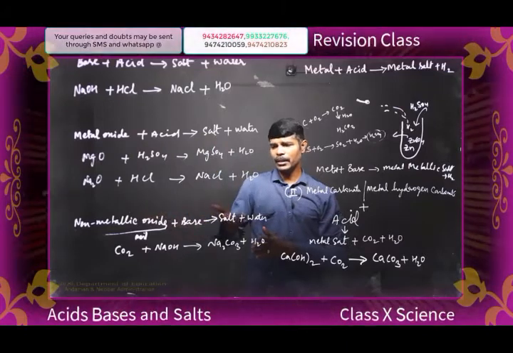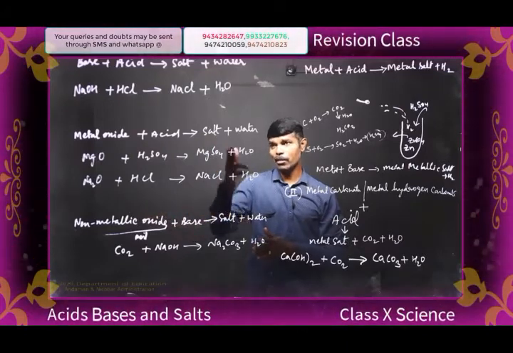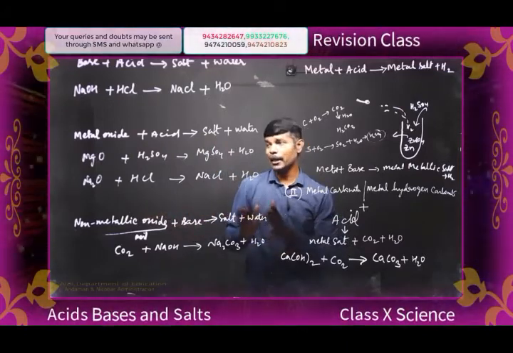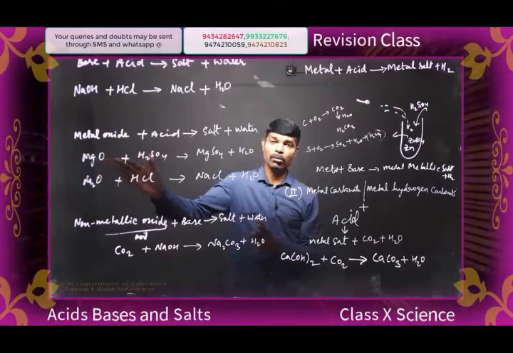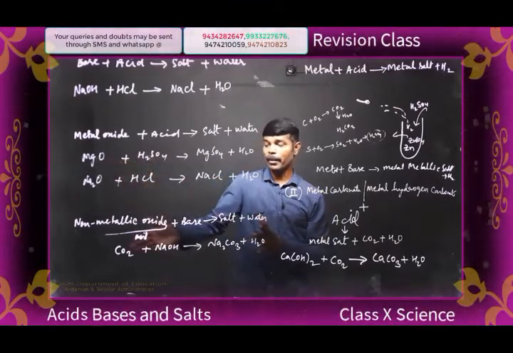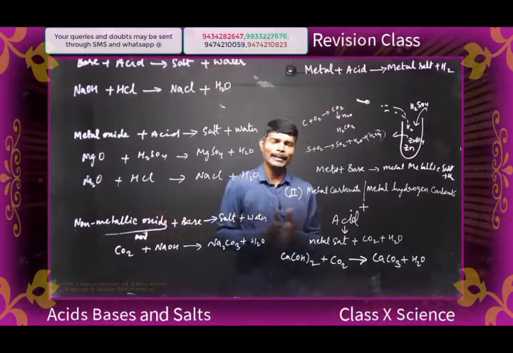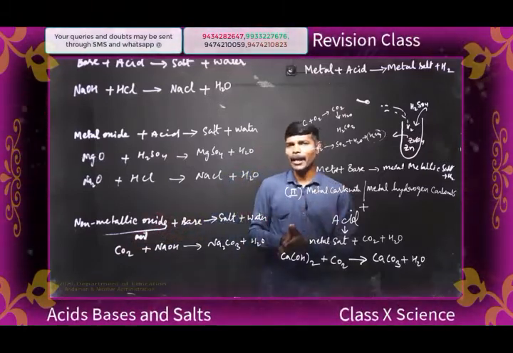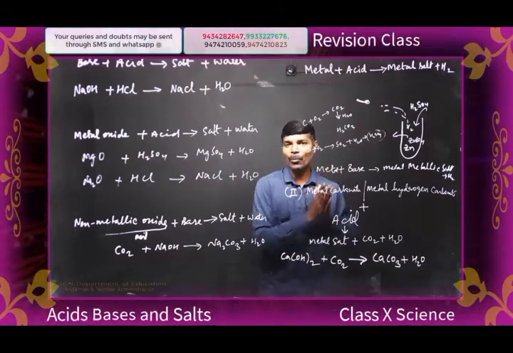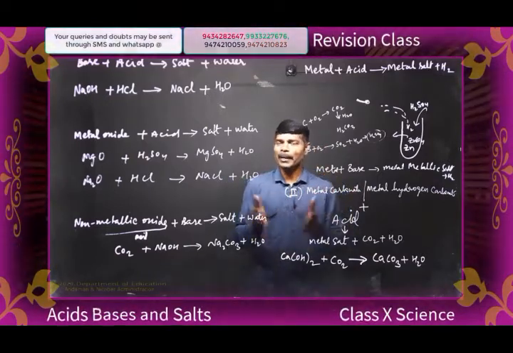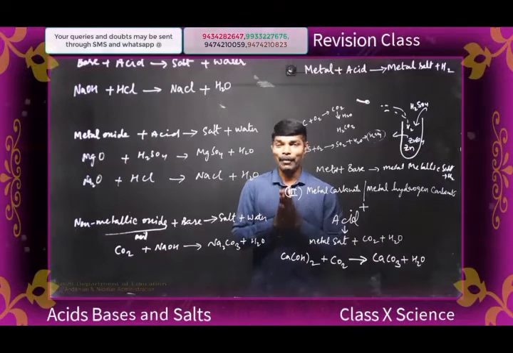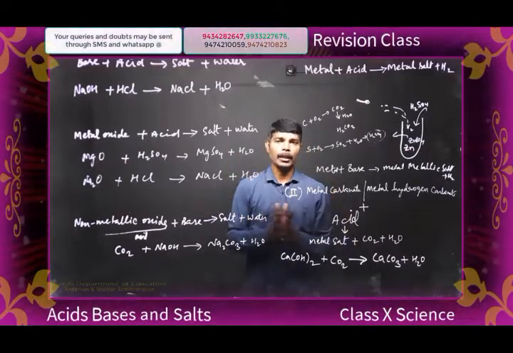In both the cases we can see a similar kind of observation, that is salt and water is produced. The thing is, metallic oxides, you should know it is the basic behavior, and the non-metallic oxides, you should know it is the acidic behavior. So we know that whenever acid reacts with base or base reacts with acid, we get salt and water. This concept you keep in mind, then everything will be very easy. So this is about the chemical properties.